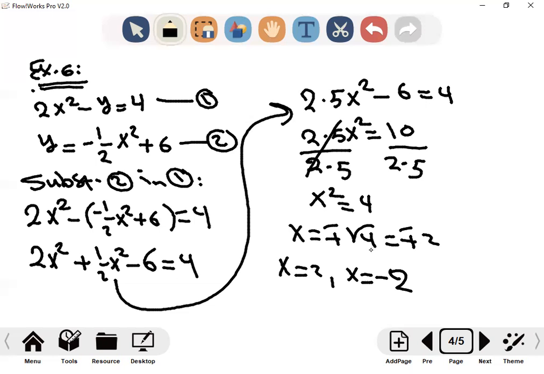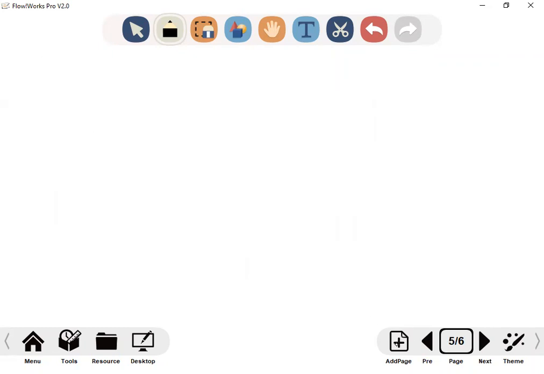Now, after you found your values of x, you need to find the values of y. Substitute in 2 because y here is ready. So if x equals 2, how much is y? If x equals negative 2, how much is y also? The second equation, y equals negative half x power 2 plus 6.